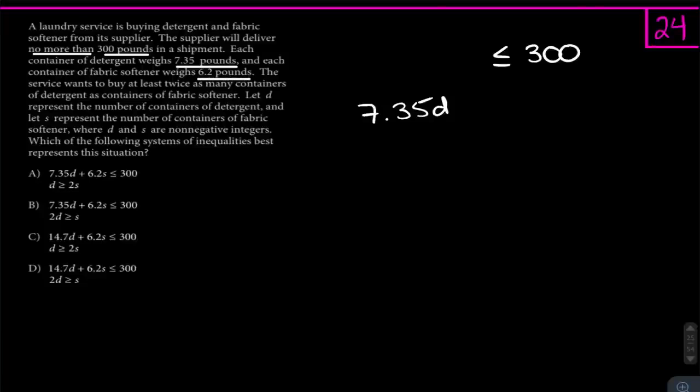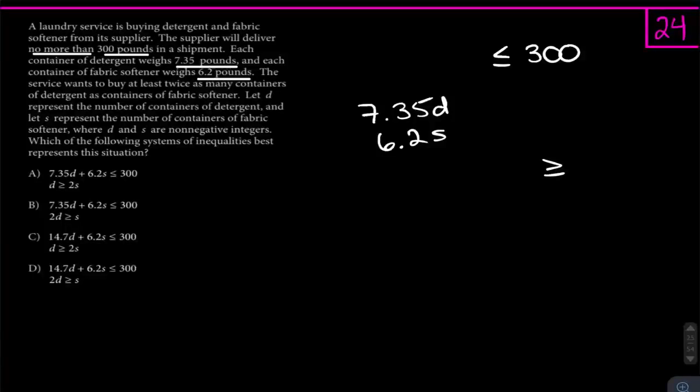So the total pounds of fabric softener is going to be 6.2 times the amount of containers of fabric softener, which is labeled S. And we can see that from the answers, right? So the service wants to buy at least twice as many containers of detergent as fabric softener. Okay, so that tells us something too, right? We know that there's an at least, so something needs to be greater than or equal to.